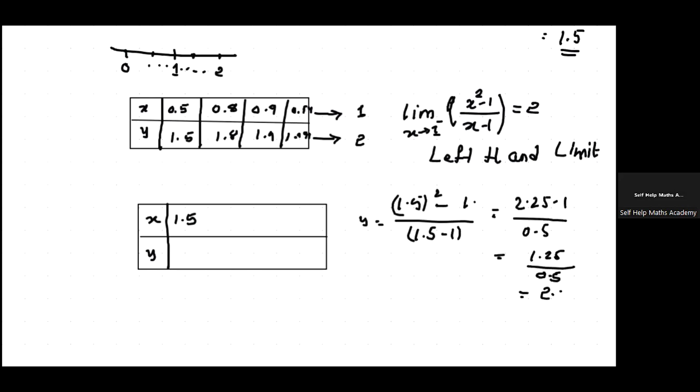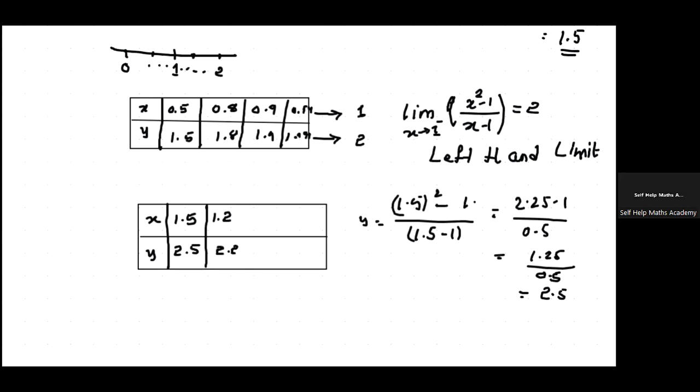Now you can see for x equal to 1.5, I've got the value 2.5. And similarly, if I take x equal to 1.2, then this is 2.2. Similarly, you can do the calculation.